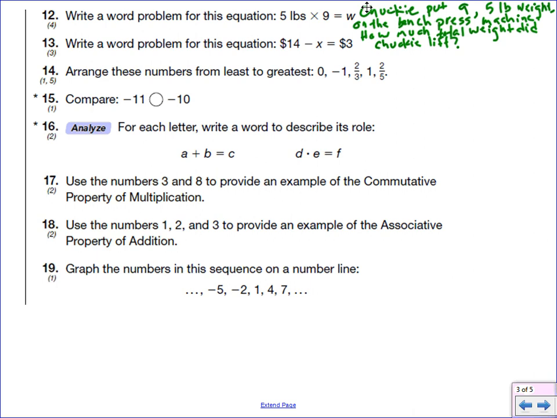Then it says write a word problem for this equation. Well, you could say, I got $14 from my grandma, but had to pay my friend back money I borrowed.